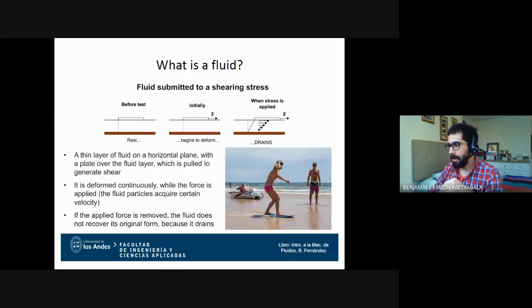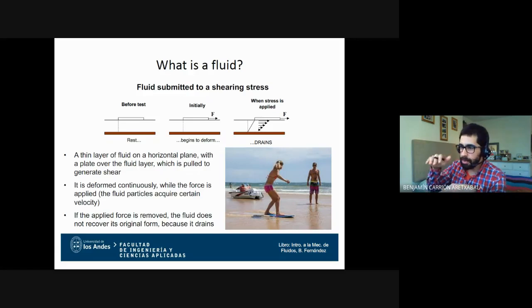So you can think of a skimboard. You've probably done it yourself, or you've seen it at the beach. Basically, you have a very thin layer of water, of ocean, and then you throw on top of that a board, and there is a very thin layer between the board and the sand underneath.